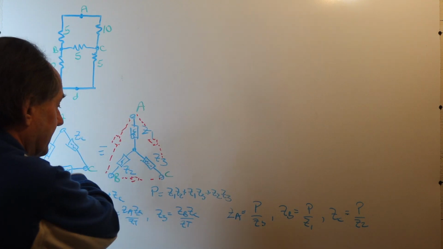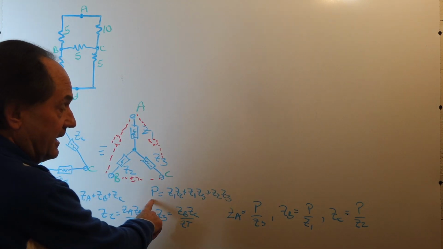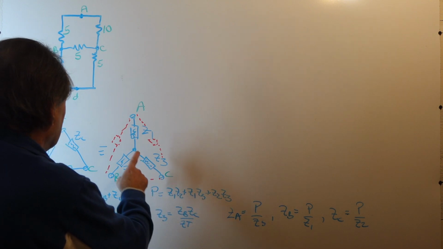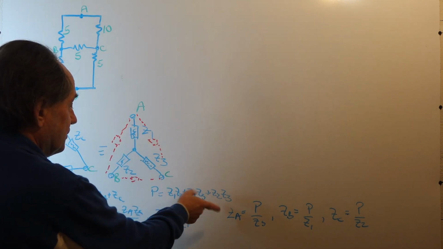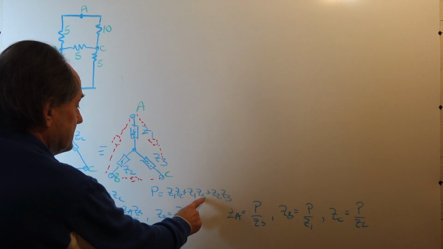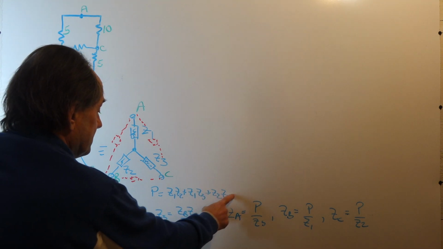And if I want to go the other way, I define P as being the product of the elements taken two at a time: Z1 Z2, Z1 Z3, or Z2 Z3.